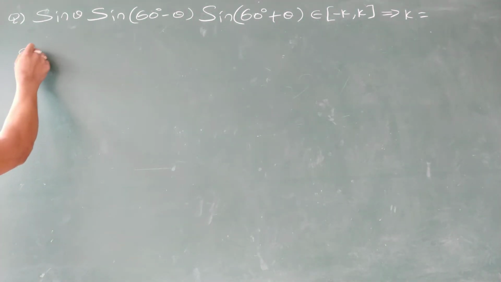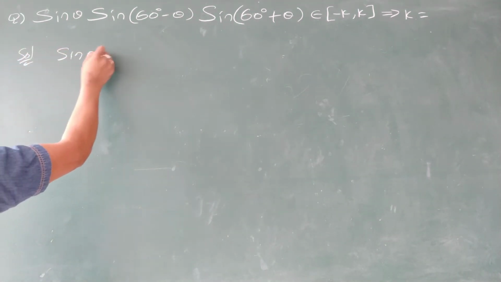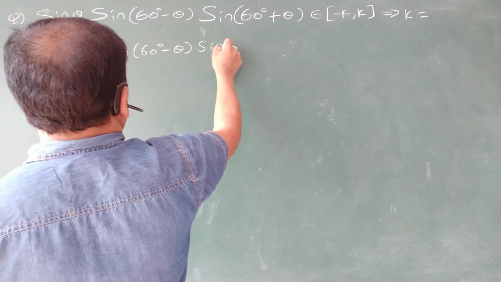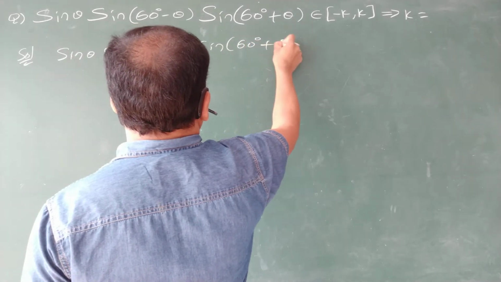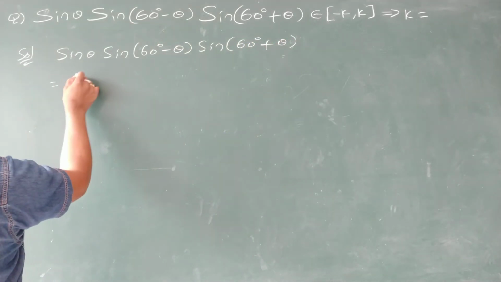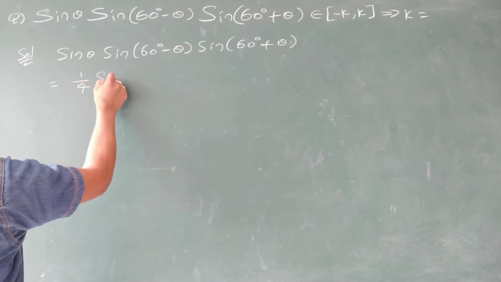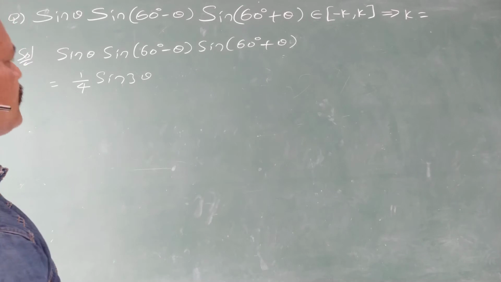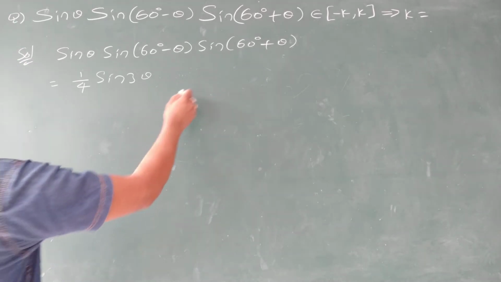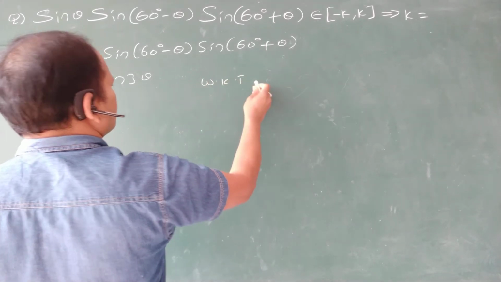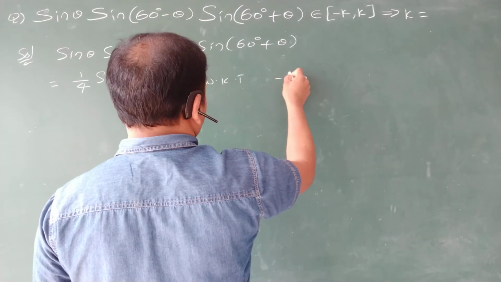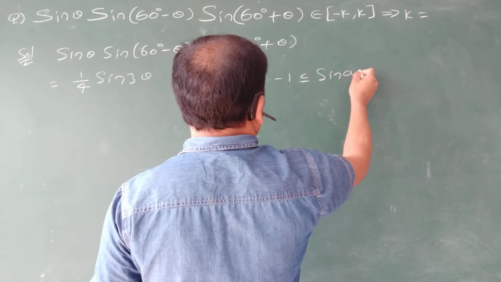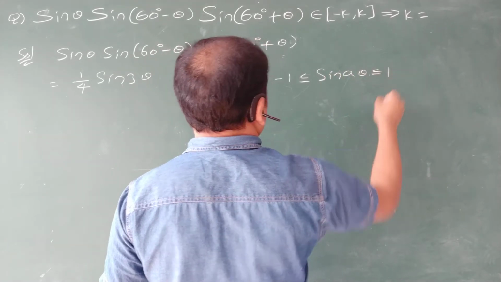So take the expression first of all. Solution for this. Take the expression, that is sin theta sin 60 minus theta into sin 60 plus theta. Now the formula for this one is 1 by 4 sin 3 theta. So we know that minus 1 less than or equal to sin theta less than or equal to 1.